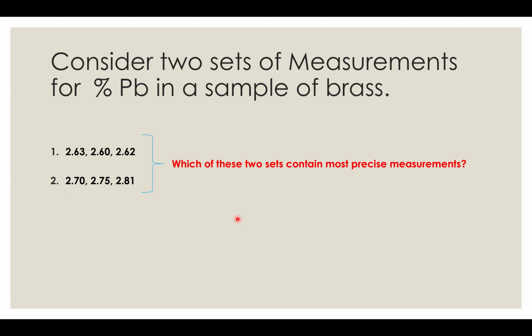Good morning, everyone. Today, we will continue with our discussion on accuracy and precision. In the previous class, we looked into the various types of errors that are there in any analytical determinations, and we looked into how to solve these errors.